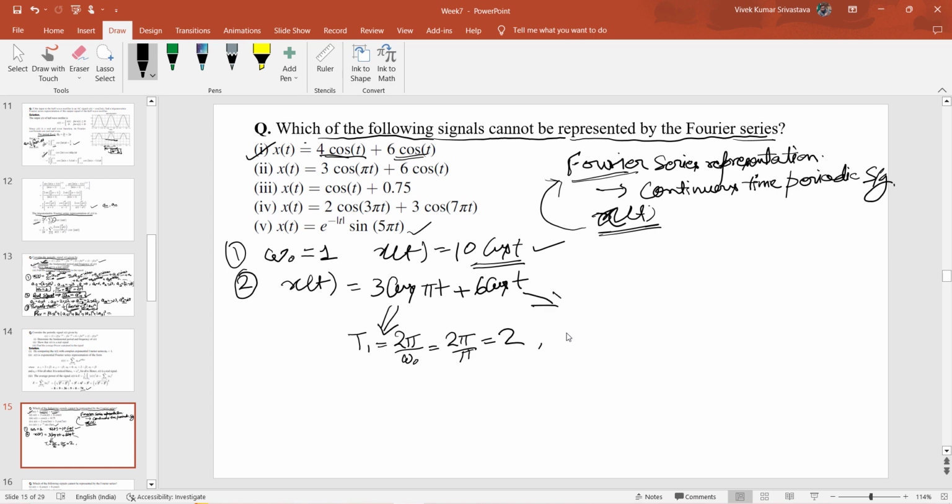Whereas for the other signal, time period t2 is defined as 2 pi by omega naught, and this will be equal to 2 pi by 1, which is equal to 2 pi.